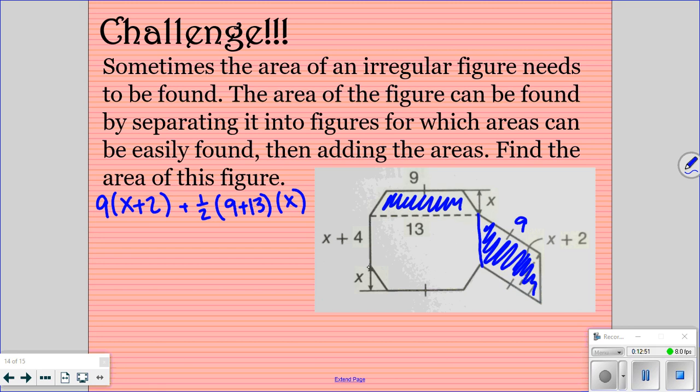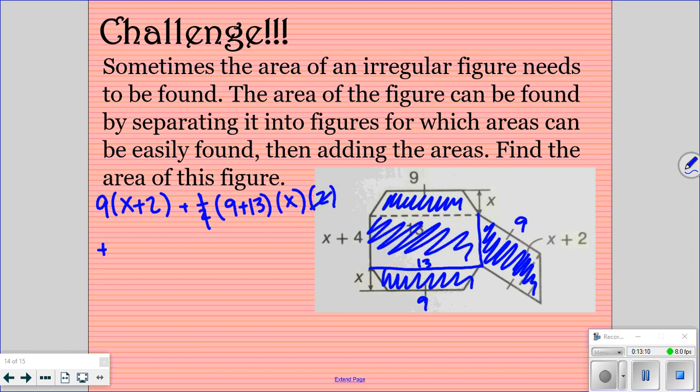I can also break it into another trapezoid over here, where this is 13 and this is 9. So I actually have 2 of these. So the 1/2 and the 2 can cancel. And then the last part is this part here, which is a rectangle. And it's 13 times x plus 4. That's the base and the height. So then all you have to do is distribute and combine your like terms.